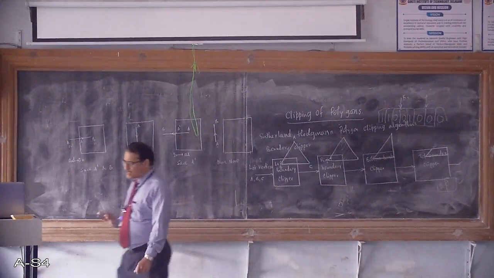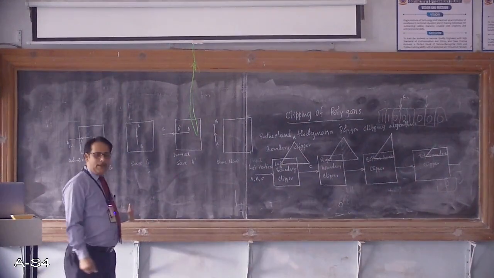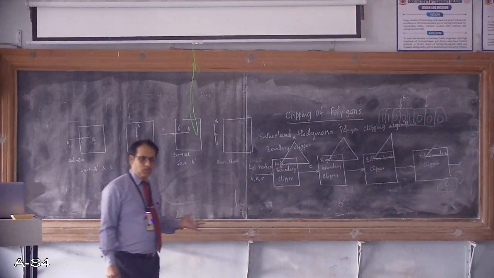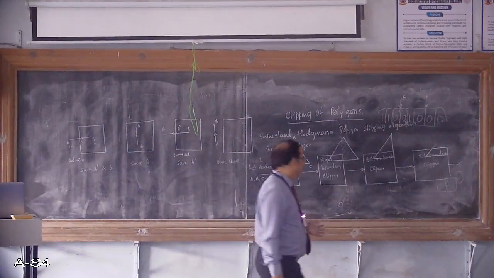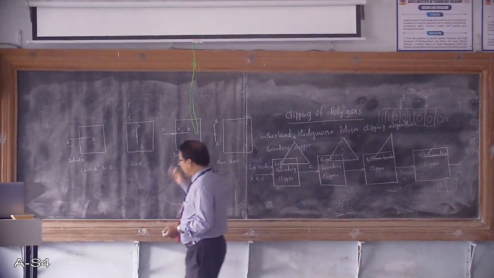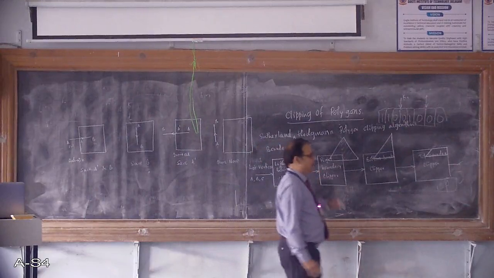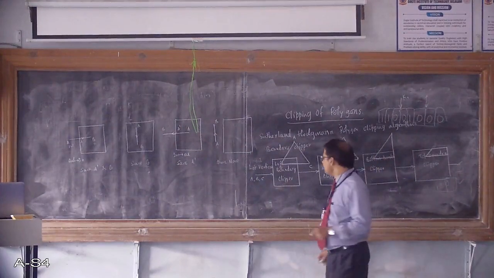So each edge of the polygon is going to be processed by applying these four rules and thereby get the clipping of the window. So let us apply these four rules and get the clipping of a triangle.